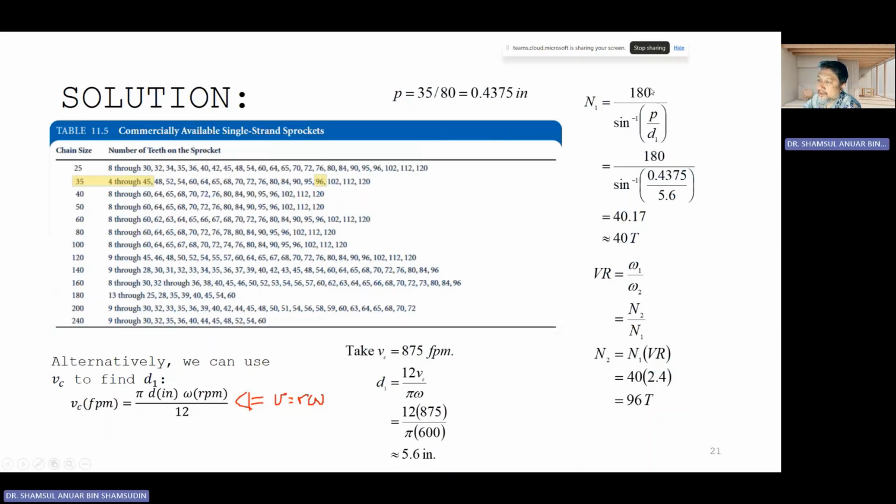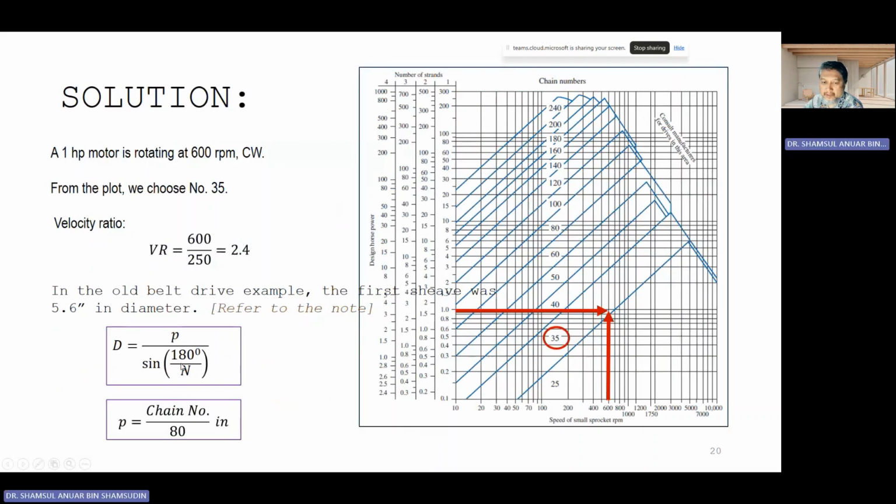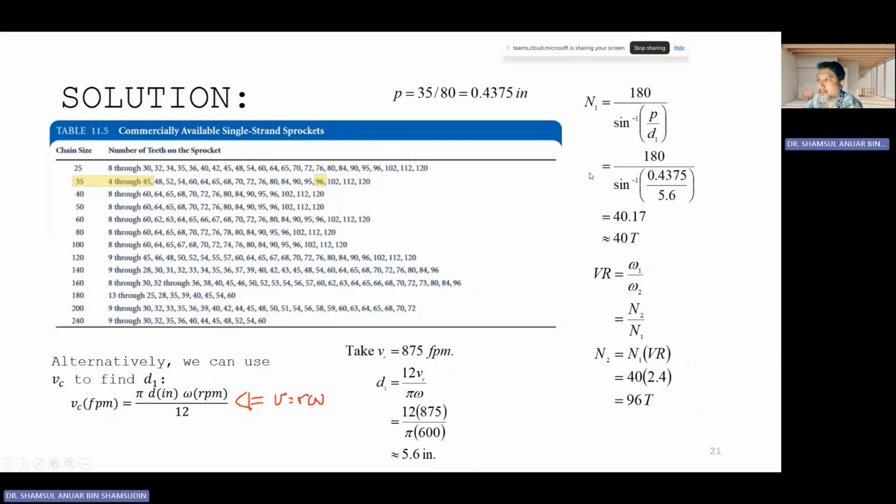So if we already know this, we can manipulate this equation from here. You get something like this, and we can find 5.6 is equivalent to 40 teeth.